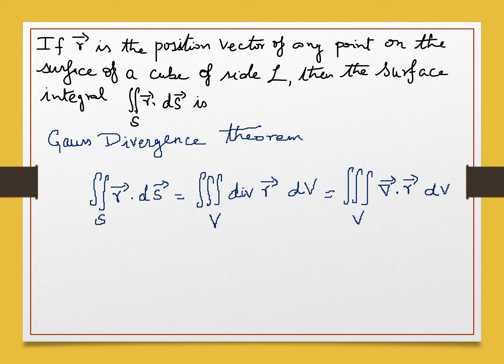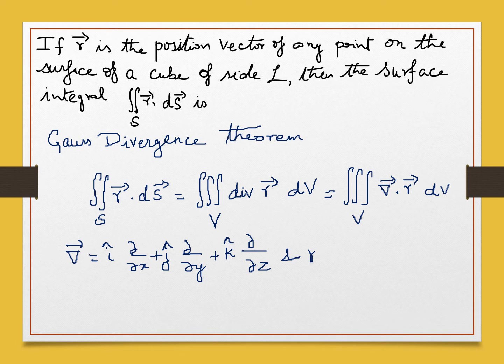So first we need to find del dot R. We know that del vector is i cap ∂/∂x plus j cap ∂/∂y plus k cap ∂/∂z, and R is the position vector, written as x i cap plus y j cap plus z k cap.